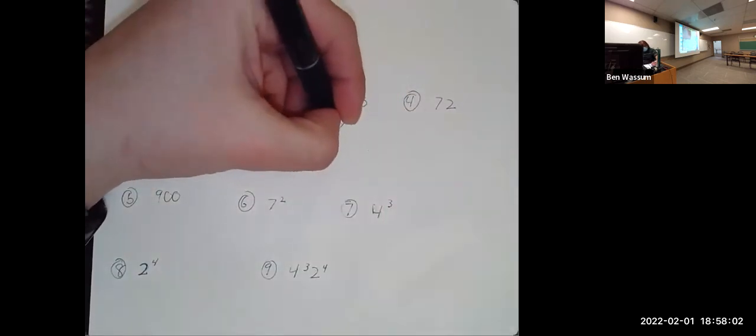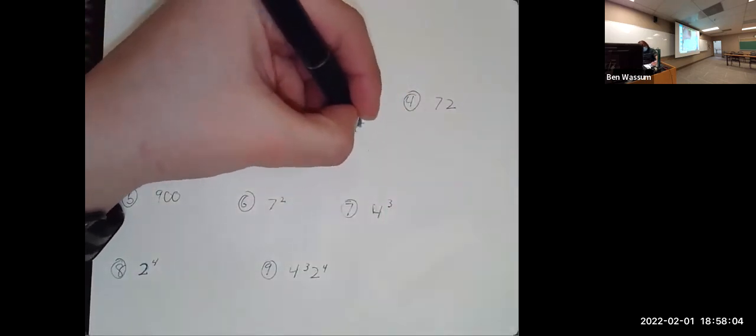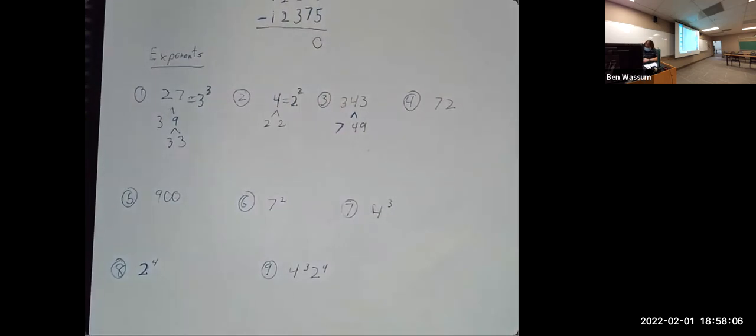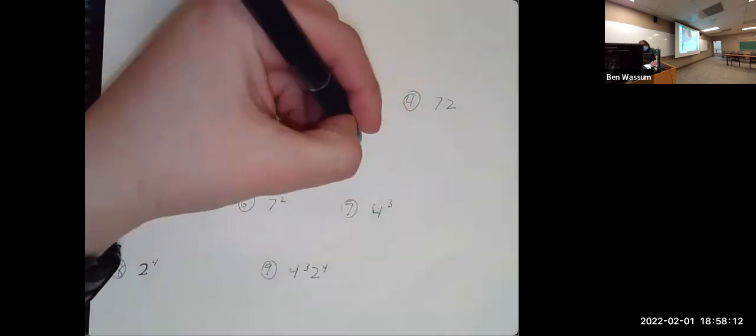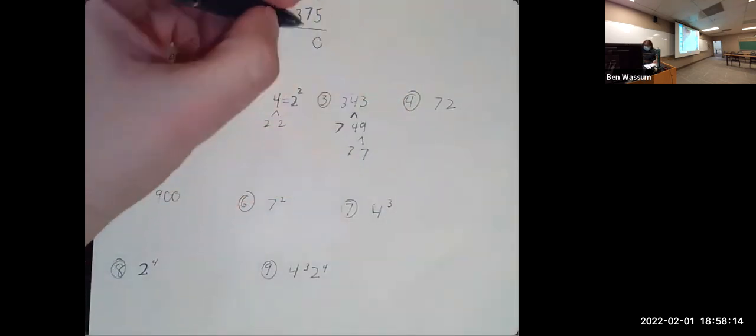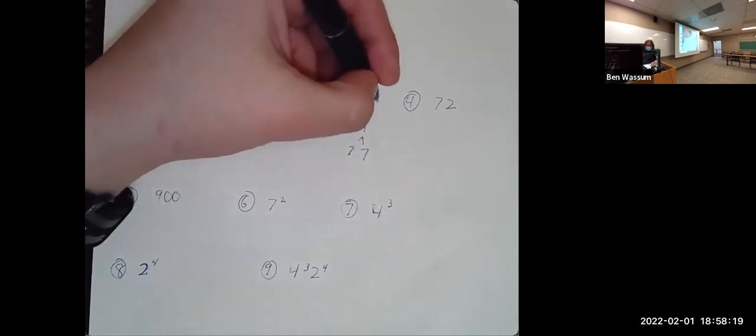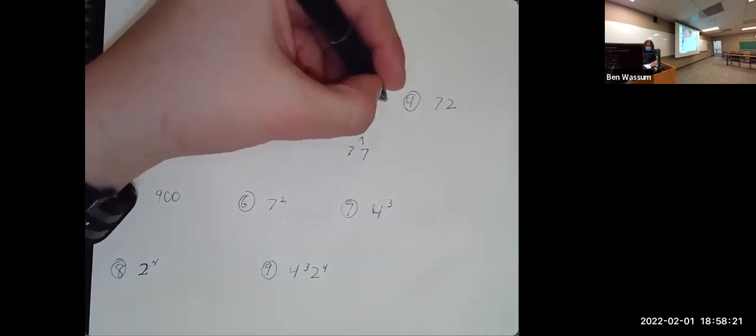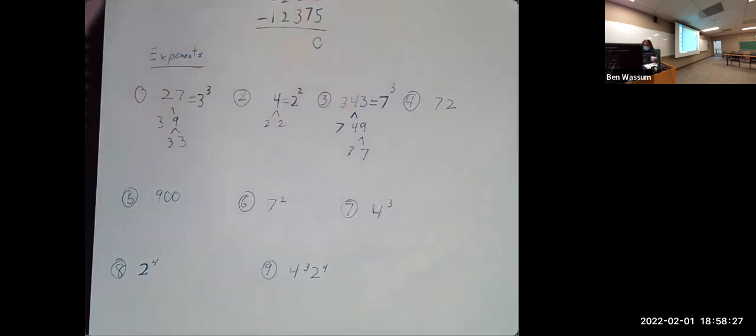That's actually 7 times 49. All right. 49 we know. That one is 7 times 7. So our factor is 7, and we have it 1, 2, 3 times. Okay.